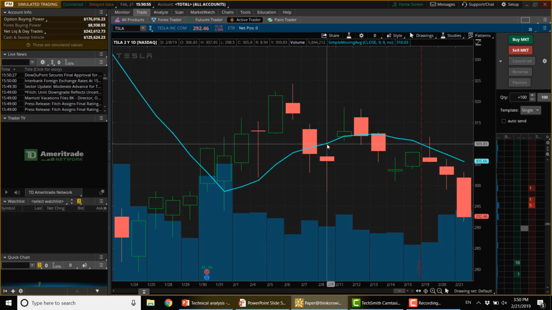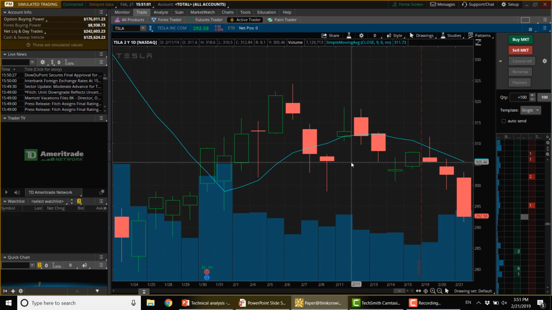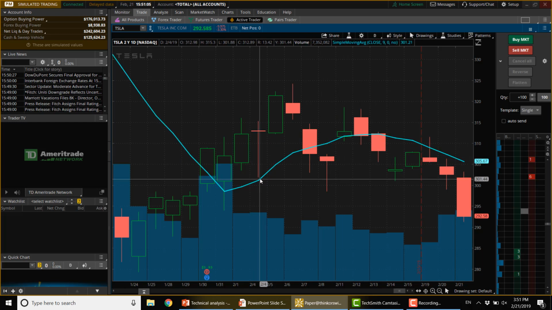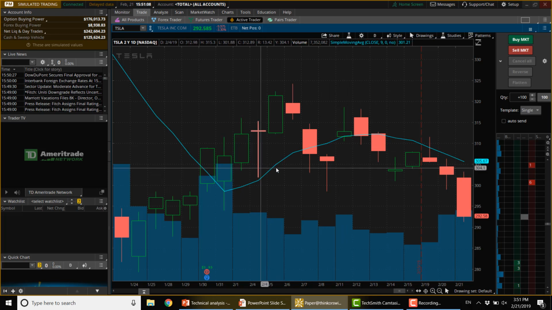All right, so what I've added here is a very simple 9-day moving average. This is the default in Thinkorswim. So what this represents is the average price at close over the last 9 days.